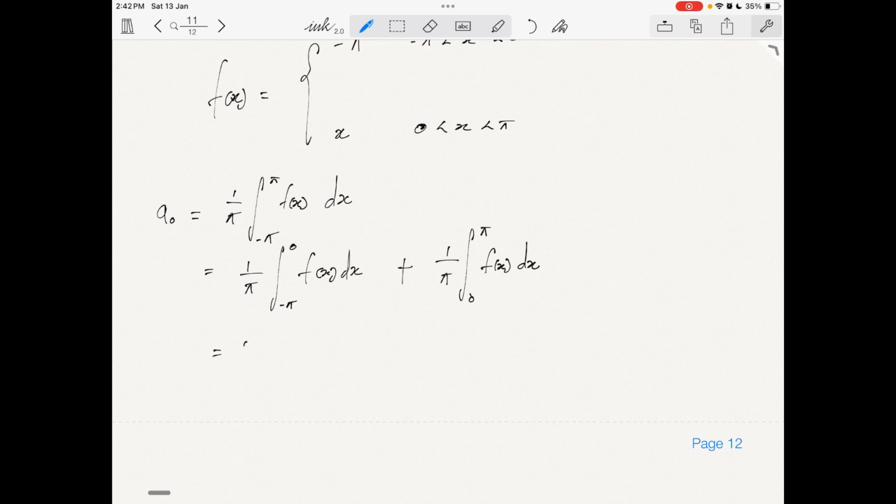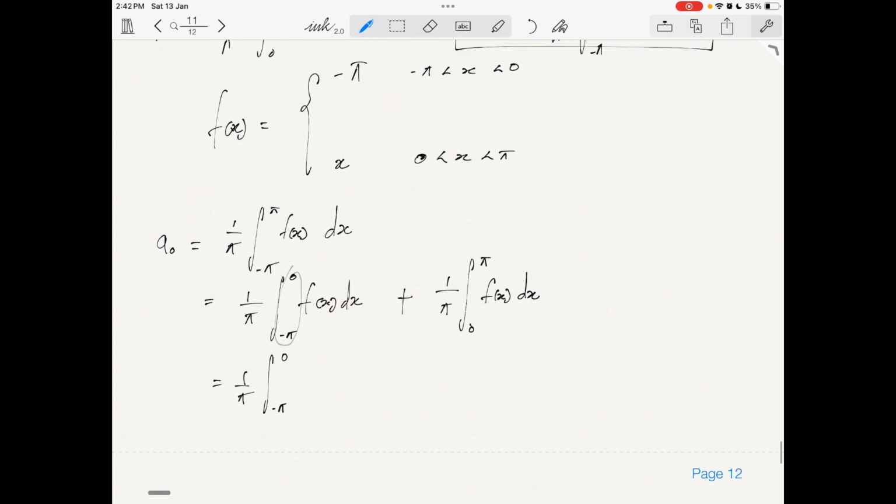Now in the first integral, f of x from minus pi to 0 is minus pi, so we have minus pi dx, plus 1 over pi integral of 0 to pi of f of x dx, and f of x ranging from 0 to pi is x dx.